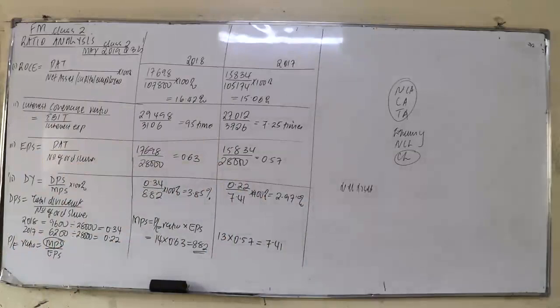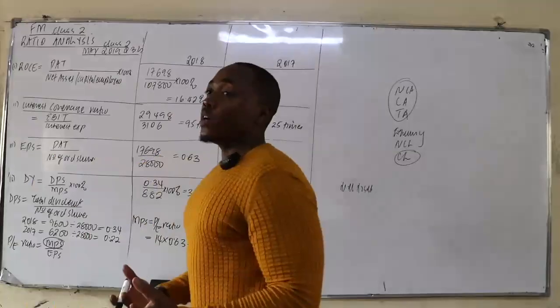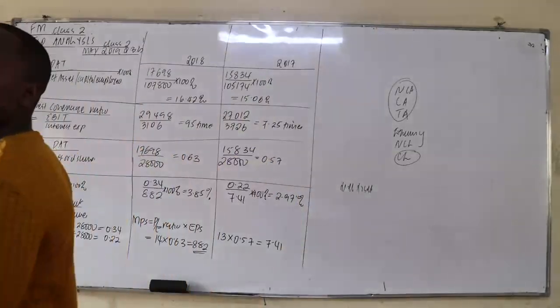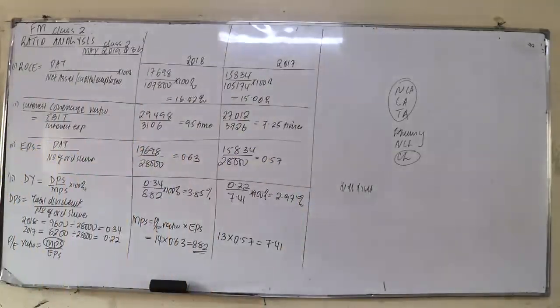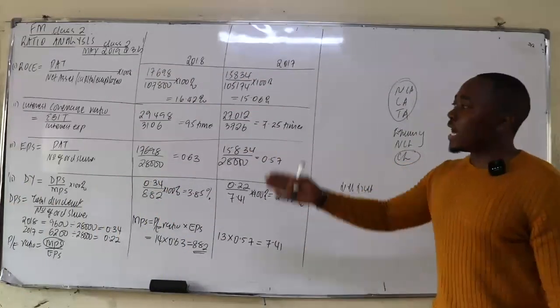Or who can interpret to others? Don't interpret to me. Financial statement analysis is trying to explain to shareholders who are not financially literate, who are not accountants. That's the objective of doing financial statement analysis. You can't tell a doctor that there is what you call operating profit or EBIT.